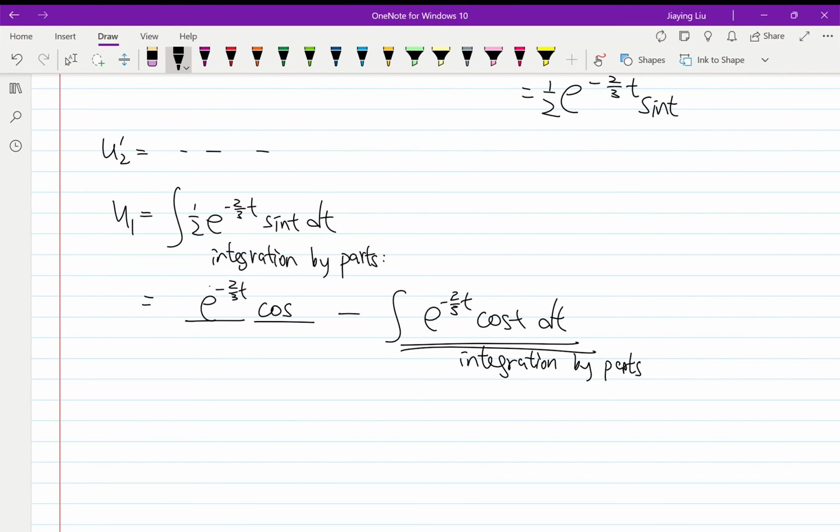So with integration by parts again, this will give us e to the negative 2 over 3t sine t, and then minus the integral of, oh my goodness, I don't think I'm doing it right, but anyway, uv minus the integral of v du. I don't remember, but anyway, you get something like that.